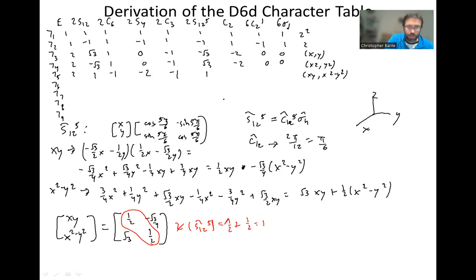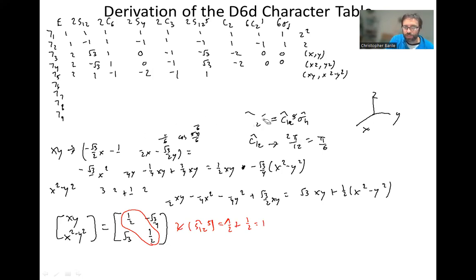All right. Next, we're doing a C2. The C2 is going to be a little bit simpler. So I think I should probably, for clarity, erase all of this. So this C2 that we're doing next is not a perpendicular C2, still coincident with the z-axis.